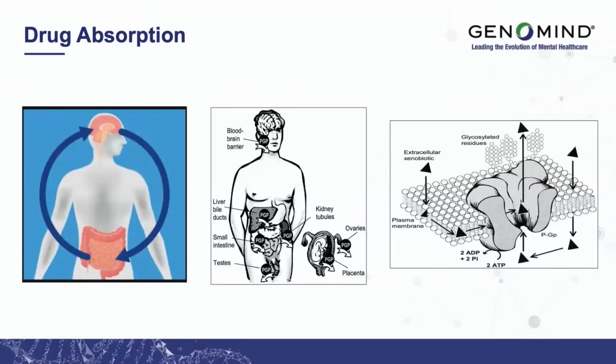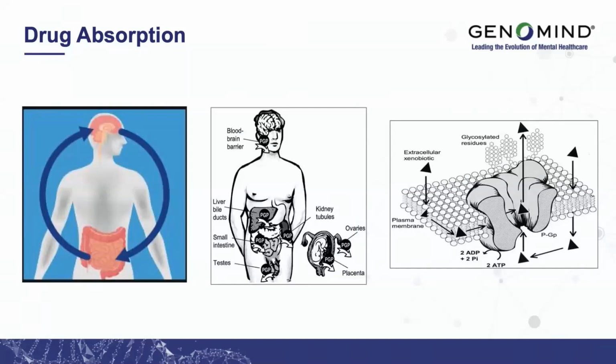I didn't actually state that correctly. What PGP actually does is takes toxins and spits them back out after they have crossed a biological membrane. So if you look at this image to your right here, the triangle is some type of drug or some type of toxin. Let's call it morphine for now.